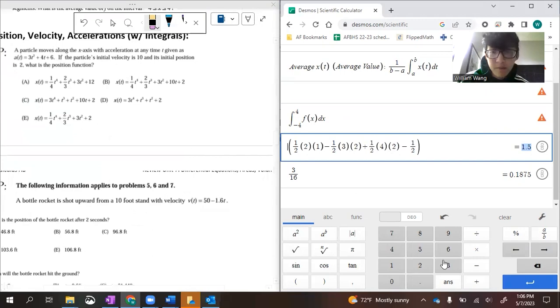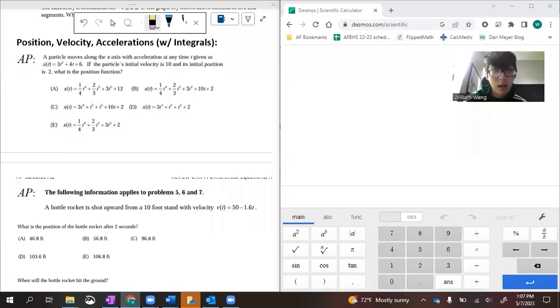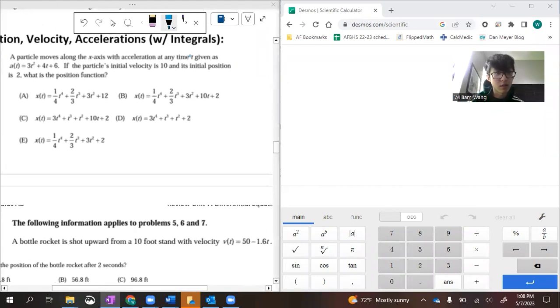All right. Cool. Then I'm going to keep on going to position, velocity, and acceleration with integrals. All right. So here's the deal with that. The main concept is really just to remember the relationship between everything, position, velocity, and acceleration, right?